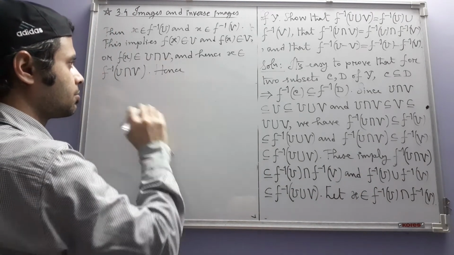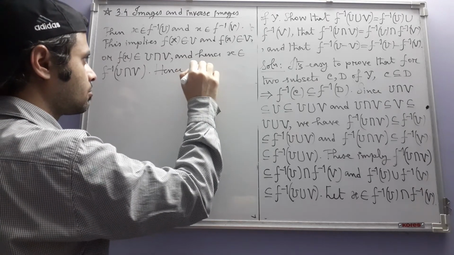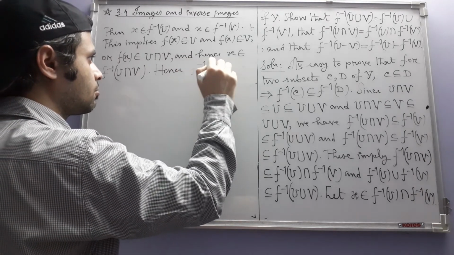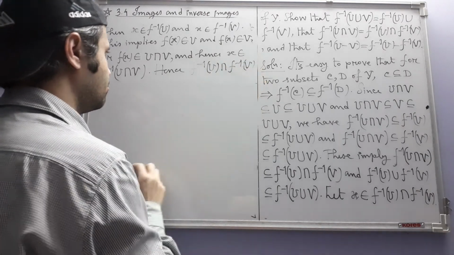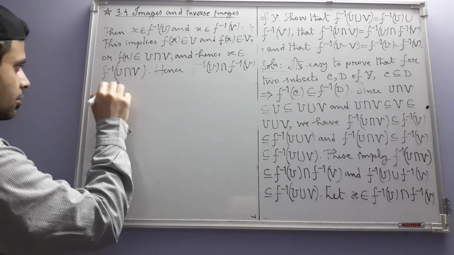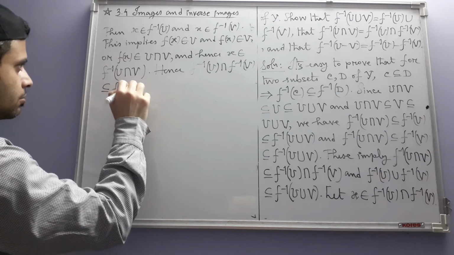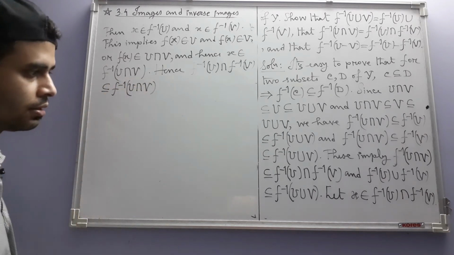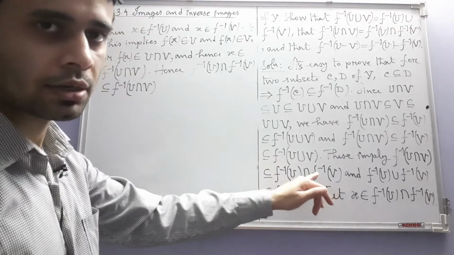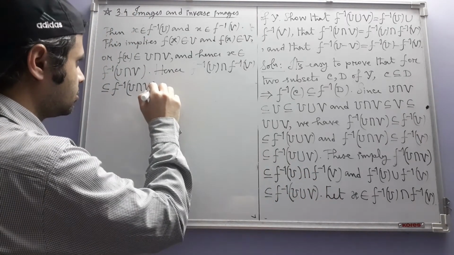Hence F inverse of U intersection F inverse of V is a subset of this. Combining that with this one, we get equality.